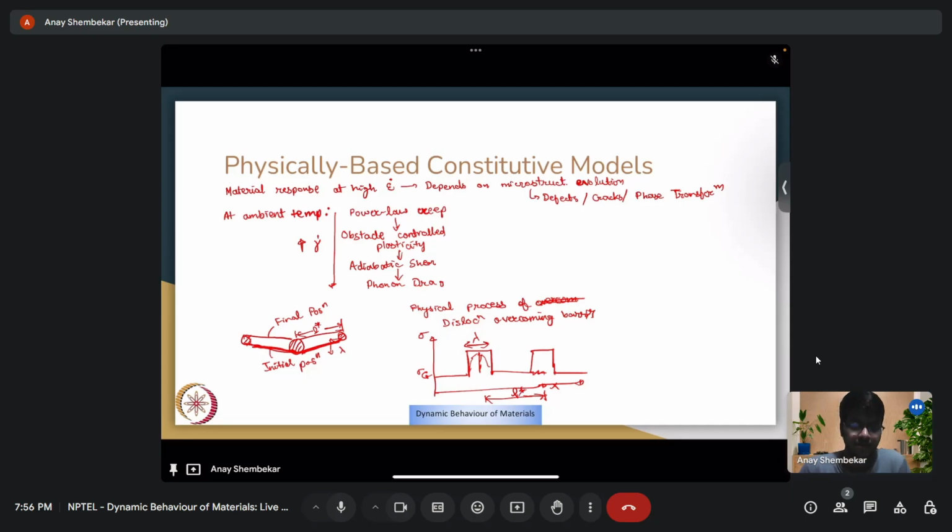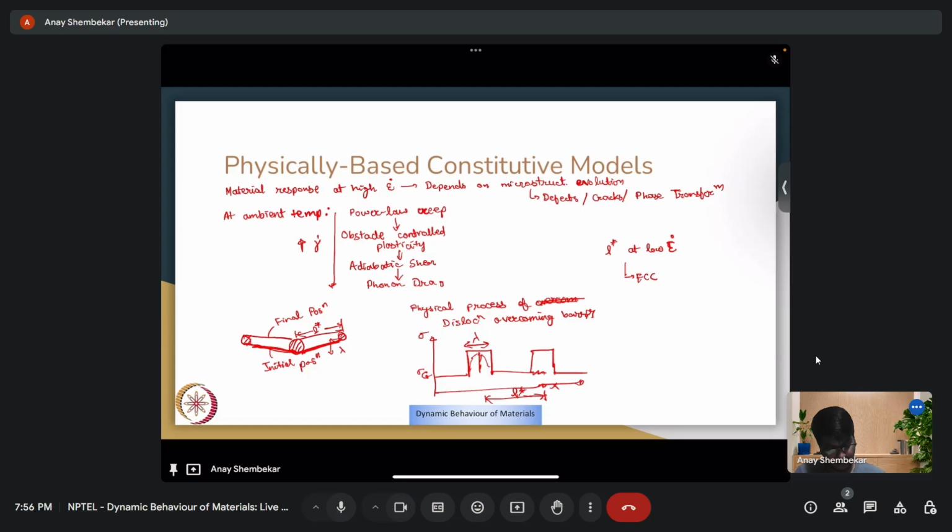So your L star, which is the short range barrier periodicity at low temperature and low strain rates, is different for FCC metals and BCC metals.